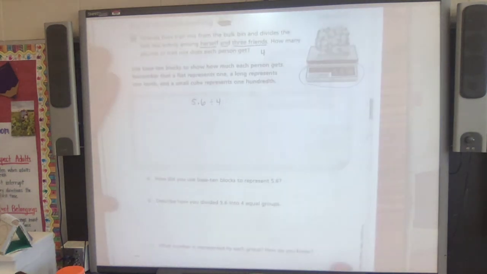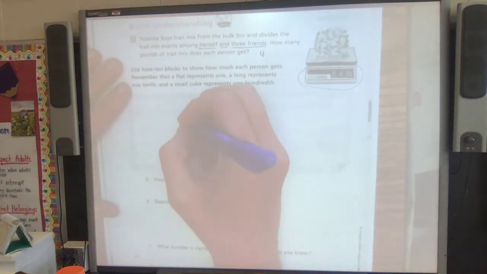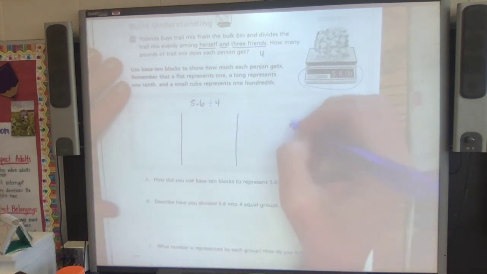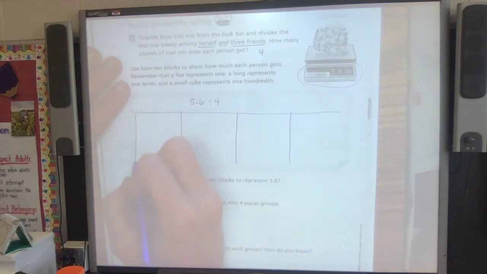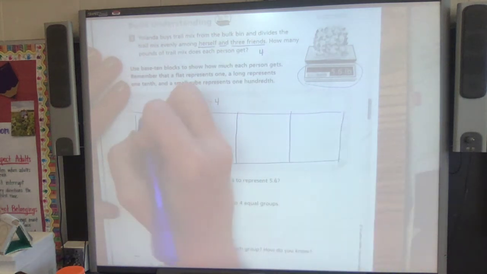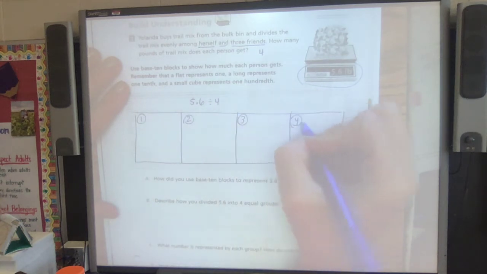All right, so one thing I want to do is put my box in 4 sections just so I can keep my friends separated. So this is me and friend, friend, friend.